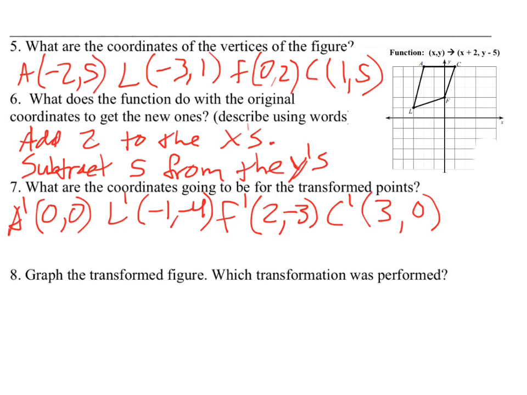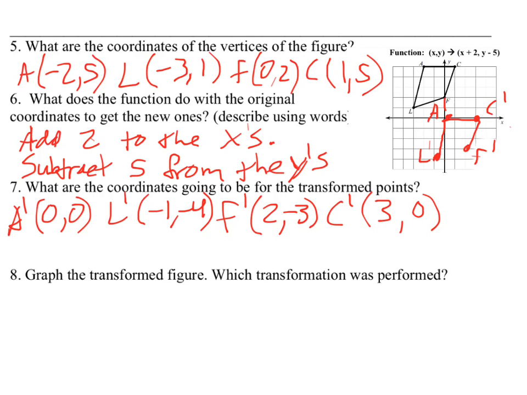I'm going to graph those on here. That'll give me A prime right there. C prime is going to be at 3, 0. L prime is at negative 1, negative 4, right there. And then F is at 2, negative 3. So there's F prime. Connect that up.